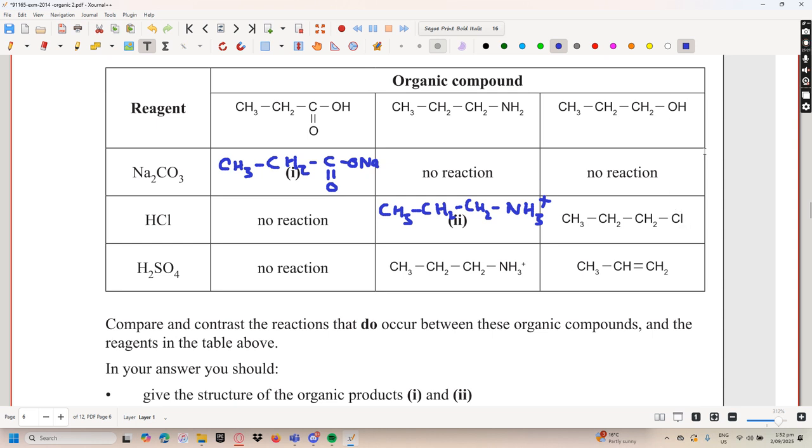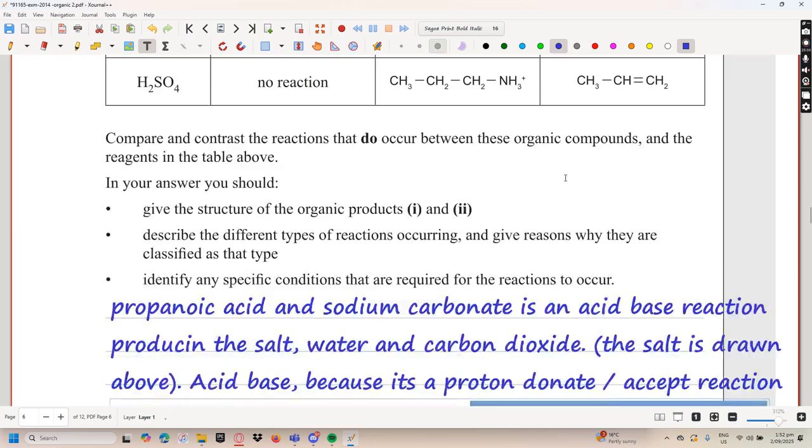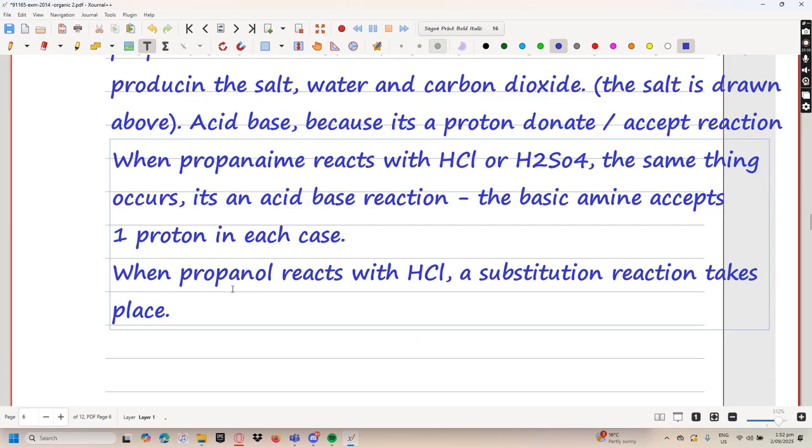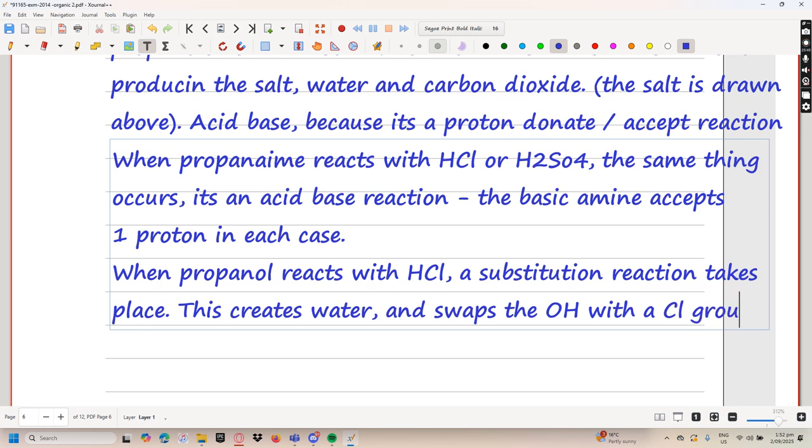So HCl is coming in, it's putting a Cl on there, and we're taking the OH off, and water's formed. The H joins with the OH to make water, and the Cl just pops in the end. This creates water and swaps the OH with the Cl group.